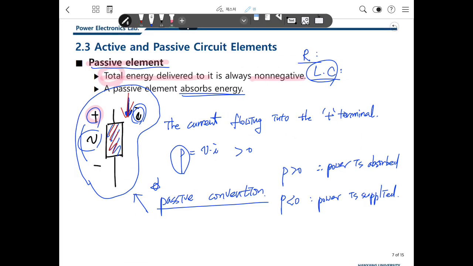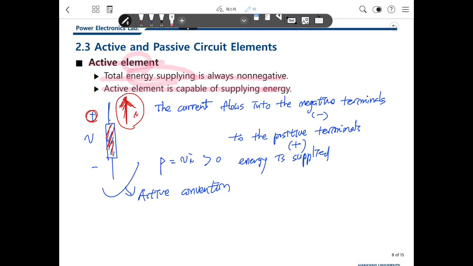So this was the passive convention, and this is the active convention. In this case, P is positive, that means power is supplied, and P is negative, that means power is absorbed.